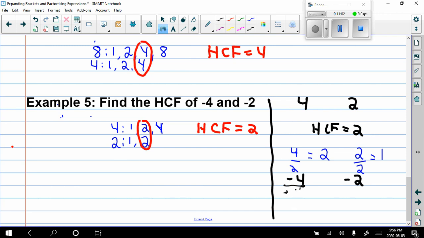So let's divide by negative our highest common factor here, and negative our highest common factor here. So we are actually going to still get 2 and 1. Like I said, that stuff on the right, if you don't understand it right now, that's fine. We're going to cover it, and it'll make a lot more sense in the next video when we start to talk about factorization.